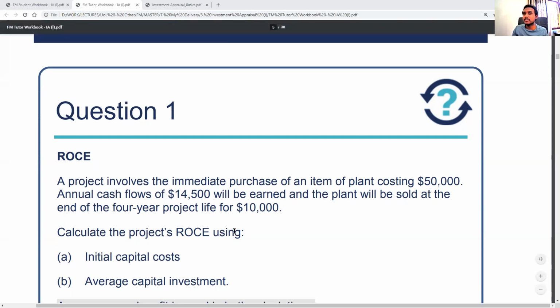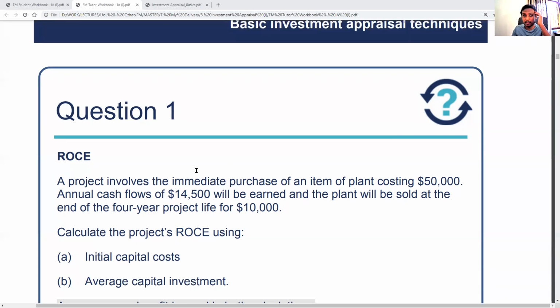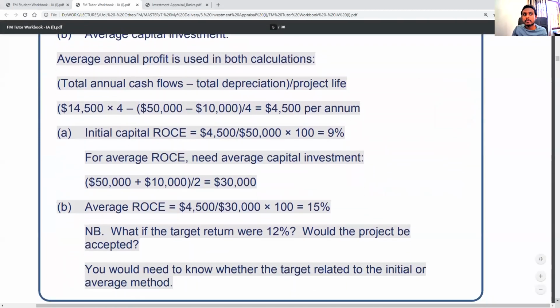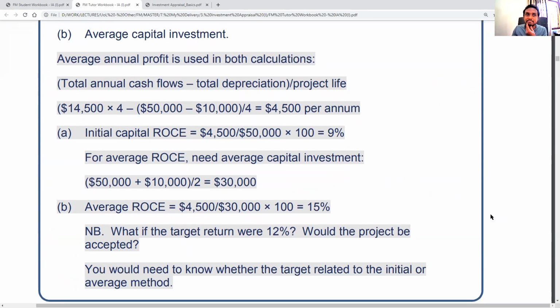What about the others? Do you guys want to see the answers, or does anybody want a minute to quickly do the numbers? No, all good. So could you show us the answer? There you go. That's what I got. I got 9% and 15%.